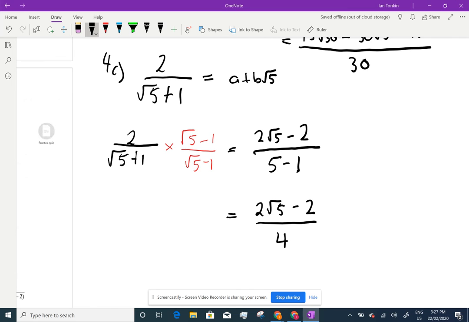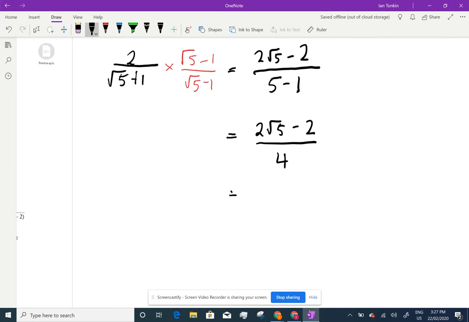Well, I'm going to factorise out 2, which gives me root 5 minus 1, and 4, and I'm going to cancel. 2 goes into itself once, 2 goes into 4 twice. So what I've got now is root 5 minus 1 on 2.